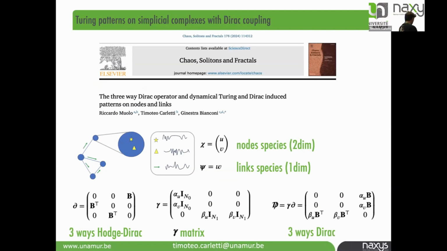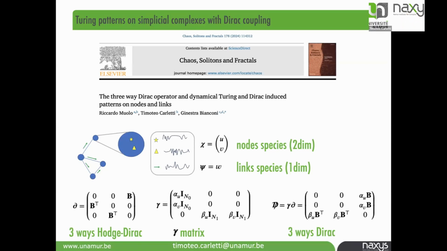Here my vector has two components, the two variables on the node, and psi has one component, which is the current on the link. The only point is that once you project from the node to the link or back from the link to the node, you have to change the dimension because it's no longer a one-dimensional object. And then you need this metric function, which in the simplest case is the identity matrix times some constant.